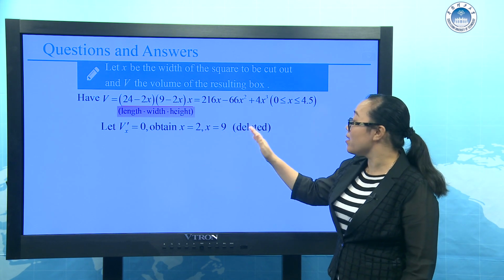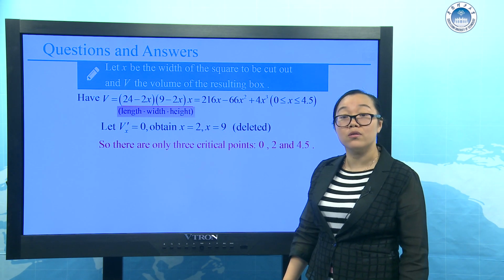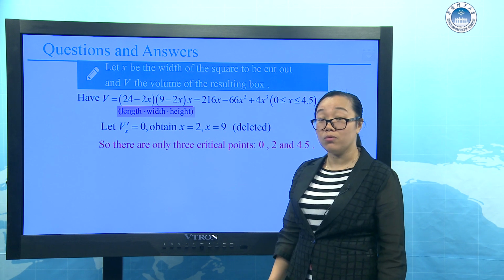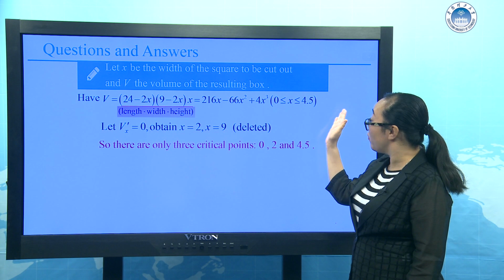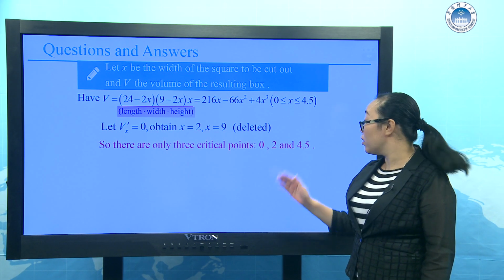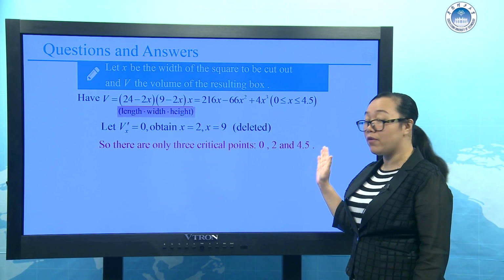So the 9 is deleted. So there are only 3 critical points. How many? 3. How to get them? The end points 0 and 4.5, and another stationary point 2. Together 0, 2, and 4.5.